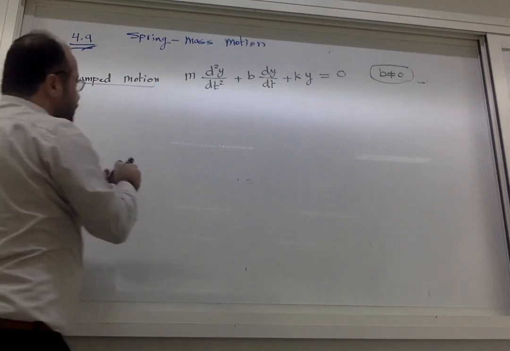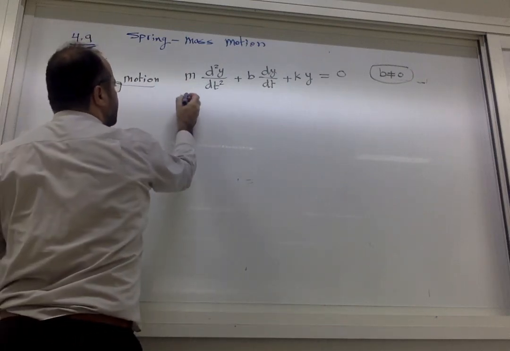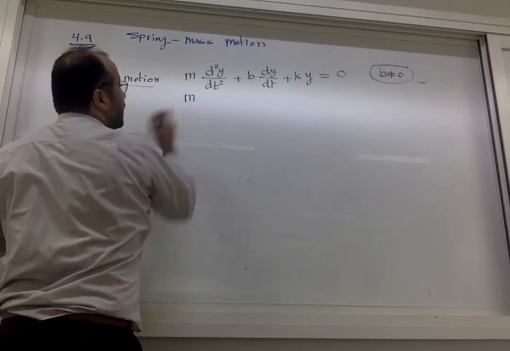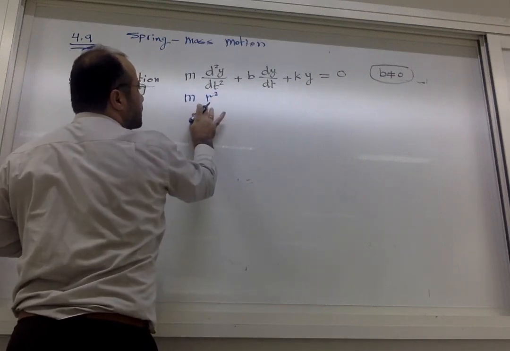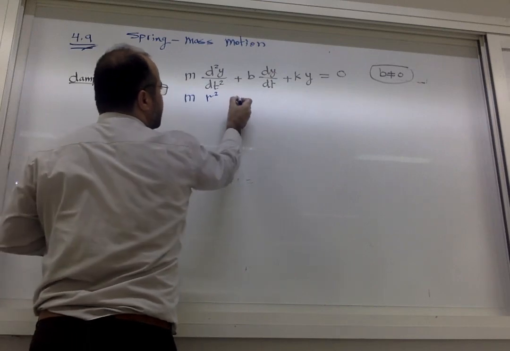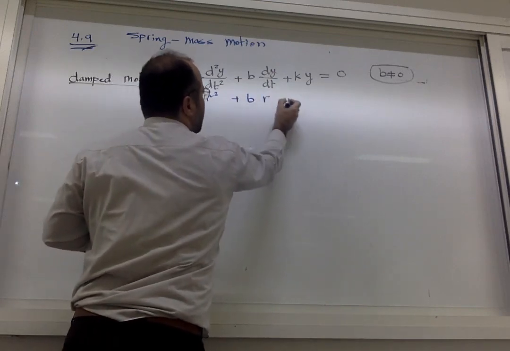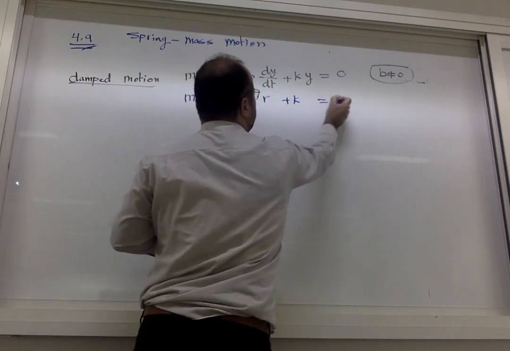Now again, if you change this equation to the characteristic equation, or second order algebraic equation, you get m r squared plus p r plus k equals 0.